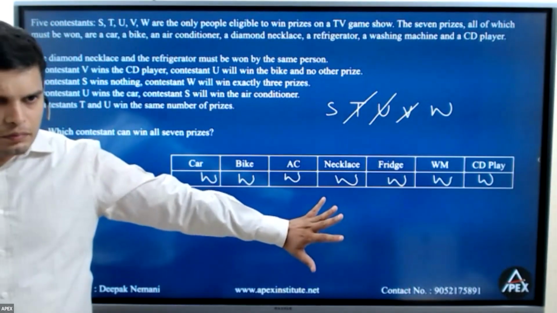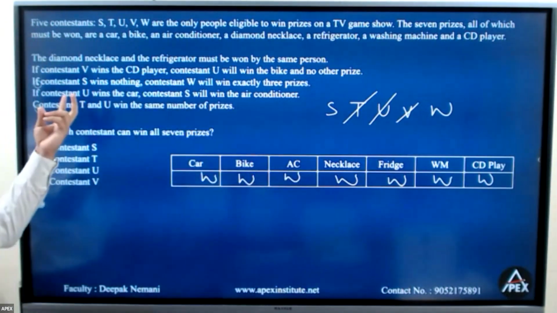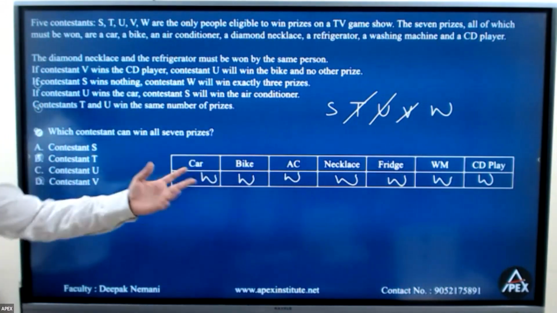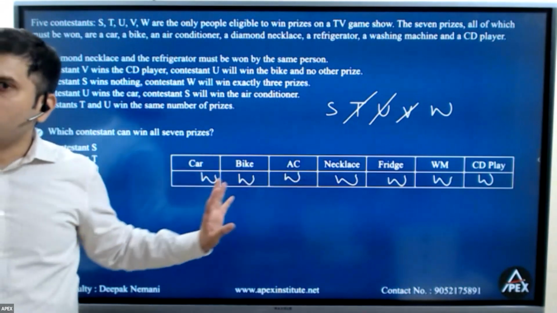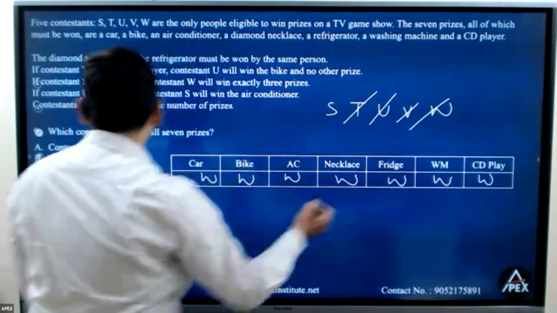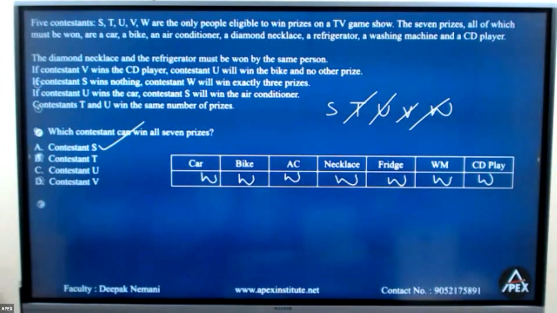If S wins nothing, contestant W will win exactly 3 prizes. So without S winning anything, can we have W winning all the 7 prizes? No. So the answer for this question should be option A. Clear?